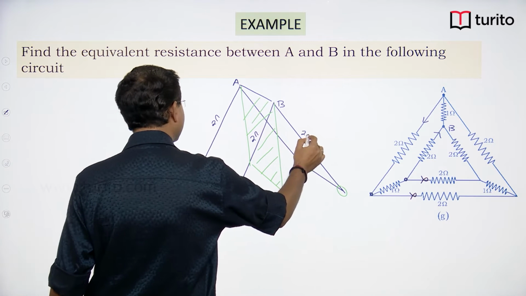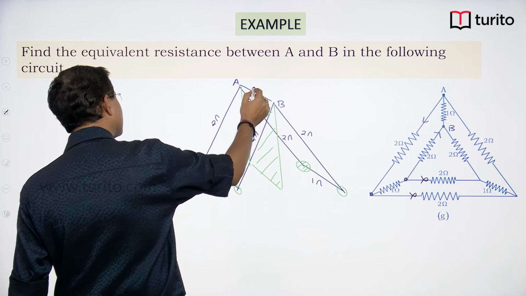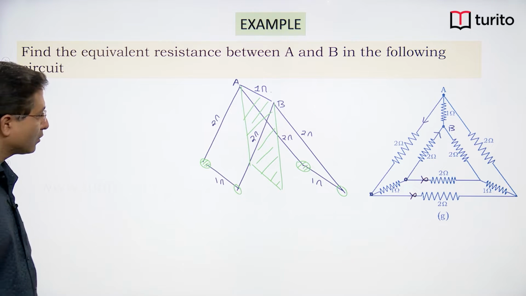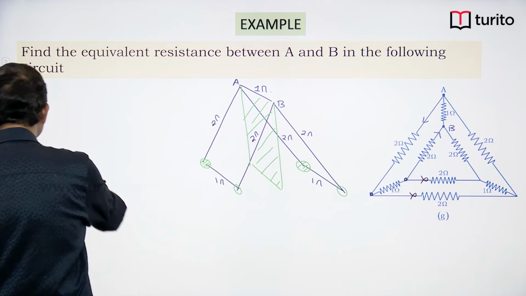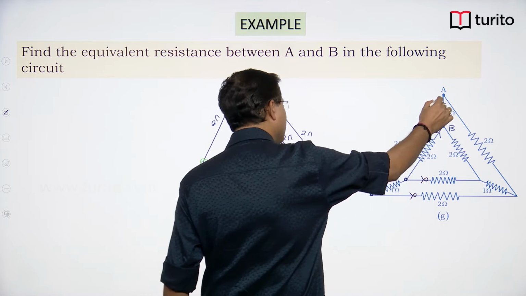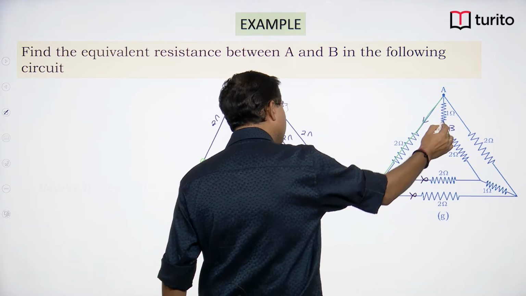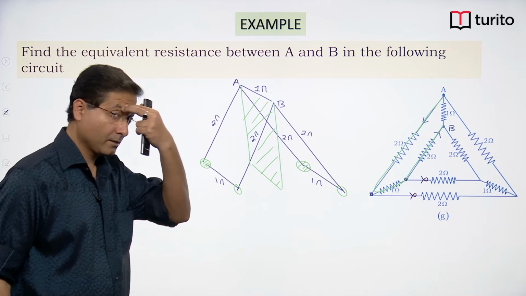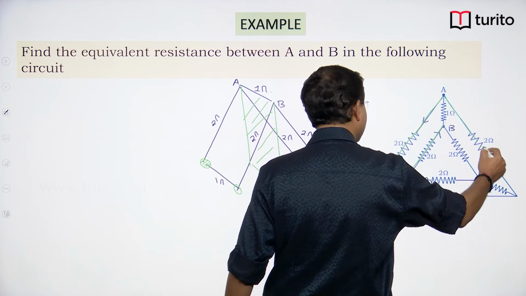Similarly, this is 2 ohm, this one is 2 ohm, this is 1 ohm, and this is 1 ohm, right. Now, if you look at this branch here, I am talking about this one. The current will now follow this path. There is no flow of current through this and this. Similarly, here current will be following this path.